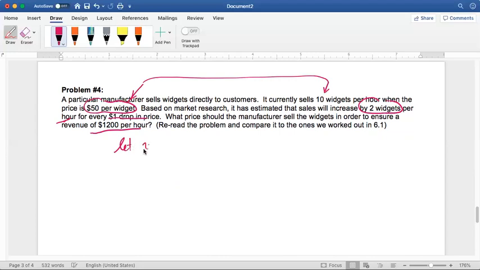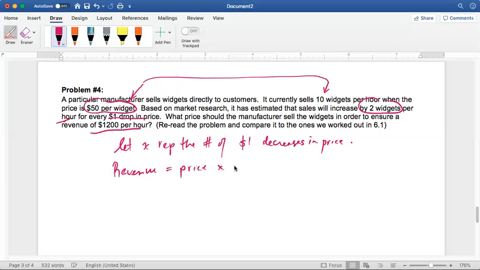We start by saying, let x represent the number of $1 decreases in price. And my revenue is going to be our price times our quantity sold. Quite often students will focus on this "every hour."